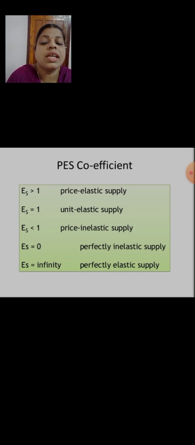Then elasticity less than 1 means price inelastic supply. Elasticity equal to 0 means perfectly inelastic, no changes at all. Next, elasticity equal to infinity means perfectly elastic supply. So these are the various coefficients to measure the elasticity of supply.